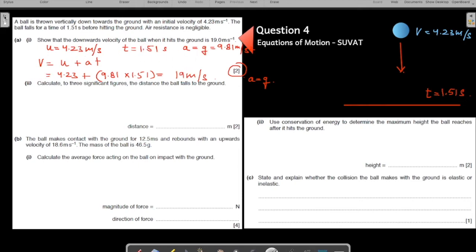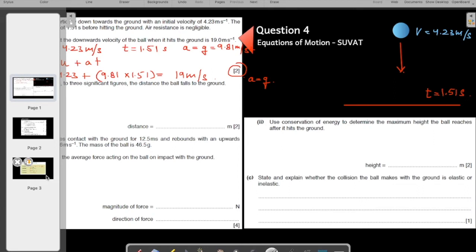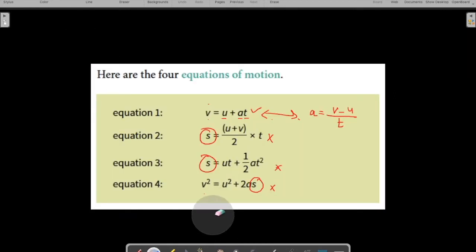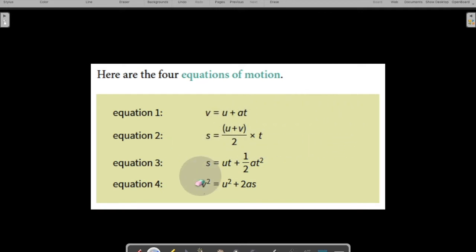So which of the formulas makes sense? Let us look at the list of the formulas. You have s here. You can use this formula. You know u, v, t, every t as well, right? You can use the second formula as well. You can use the third formula as well. You can use any of these formulas.